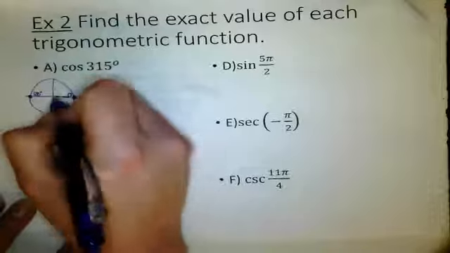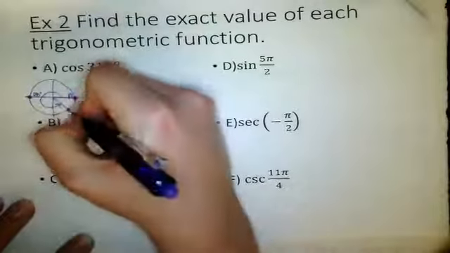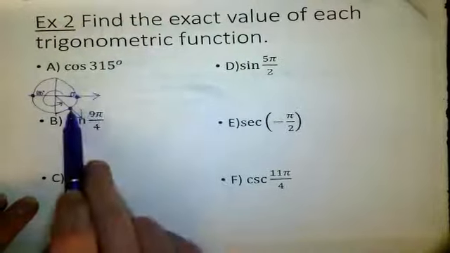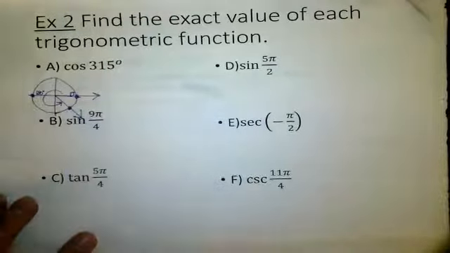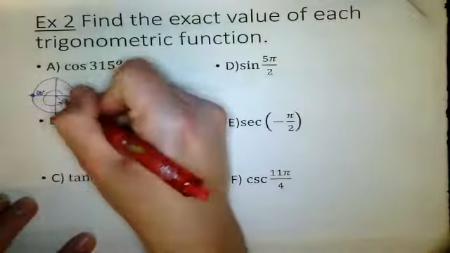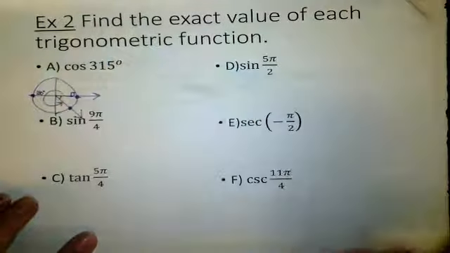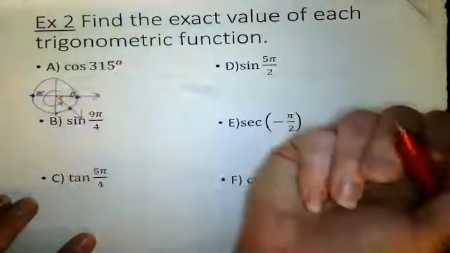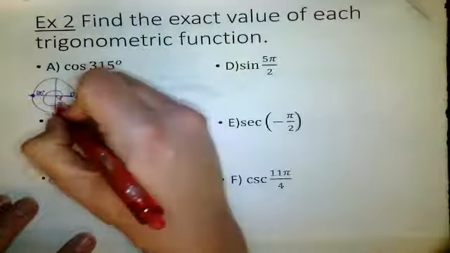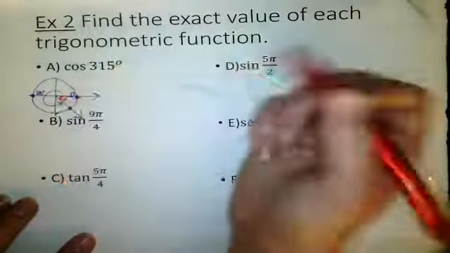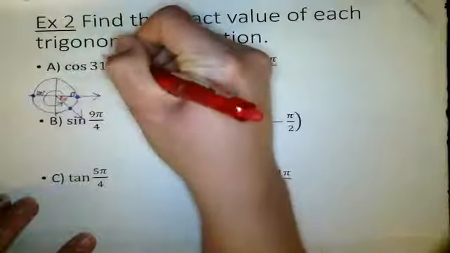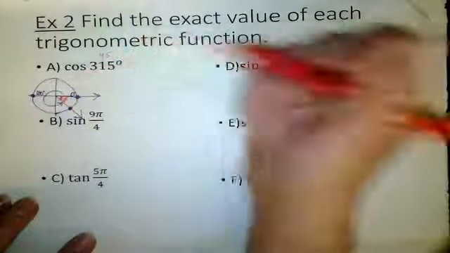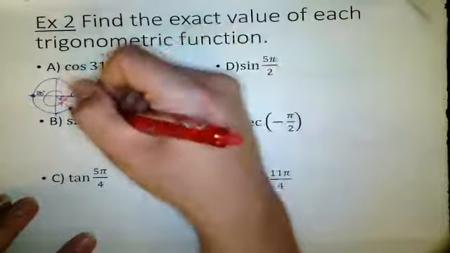So here is my angle in standard position. This is our 315 degree angle that I just drew. What we're going to do is, I want to know how big is this little angle? It's 45. Yes. So 315 plus 45 more gives me that 360, right? So I know that this is still my 45 degree angle.